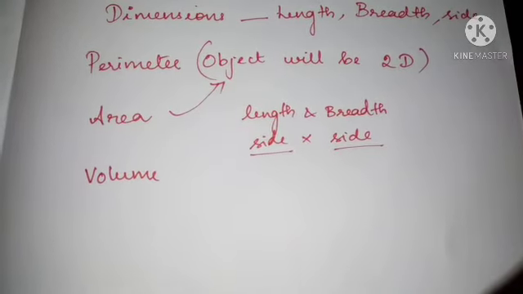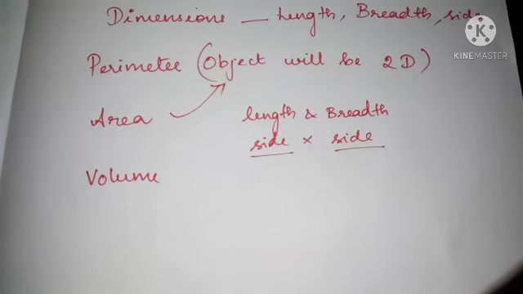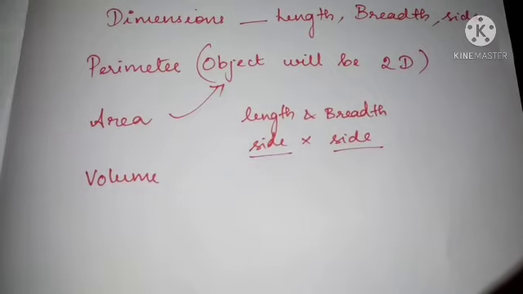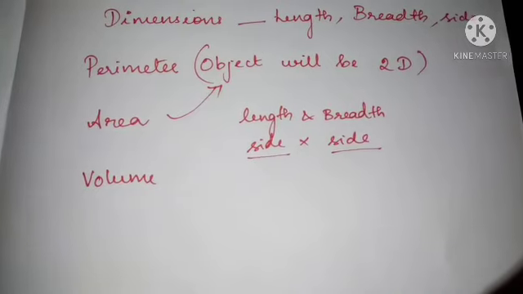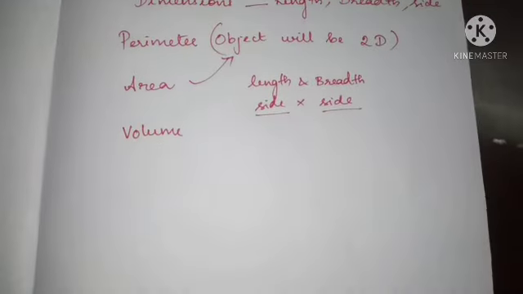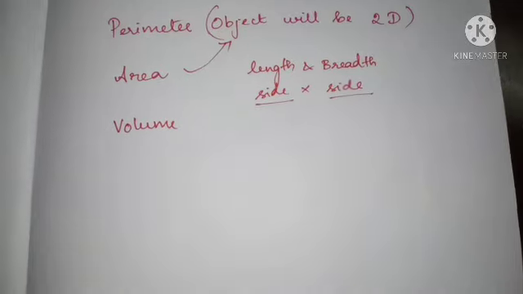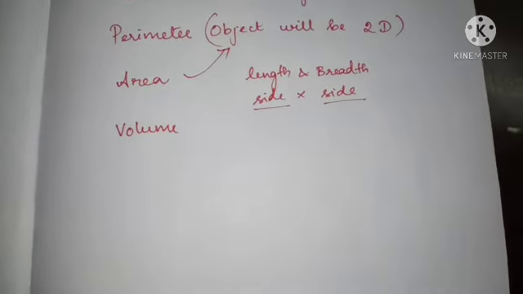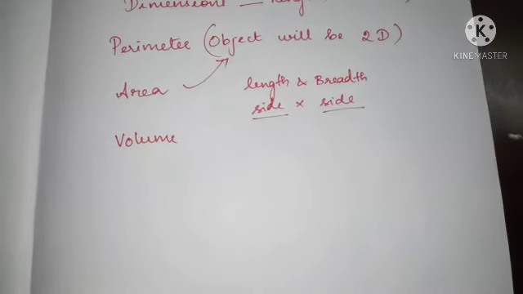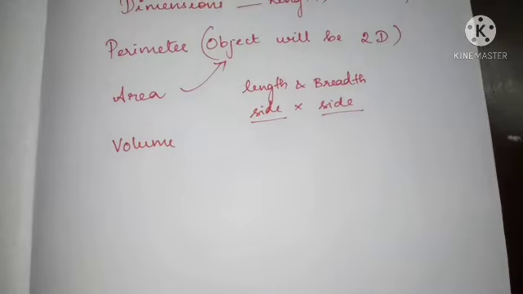So by using this length and breadth or a side and side, you will find the perimeter and area. So we can say that if you want to find the perimeter and area, the object should be in two dimensions. It depends upon the diagram; for each diagram the dimensions will differ.